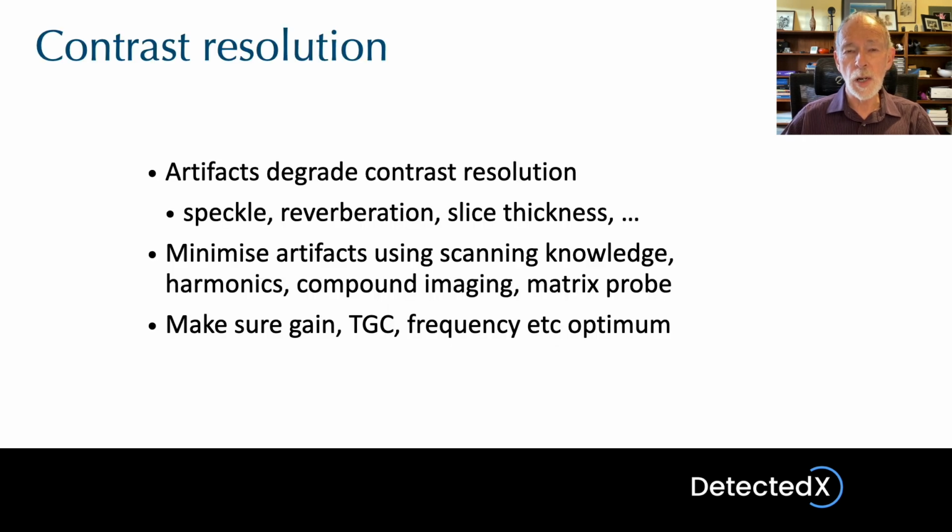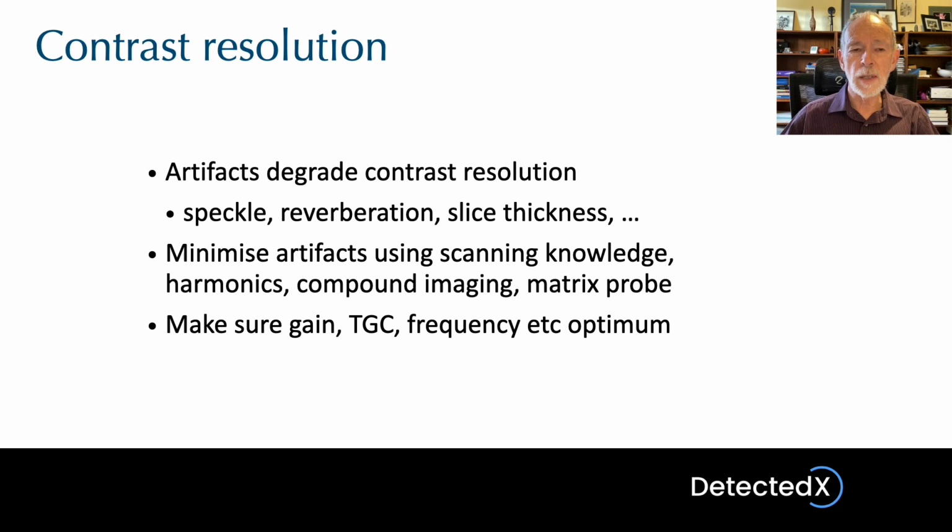Now let's look at contrast resolution. Just to remind you, this is a measure of your ability to see small variations in the echogenicity of soft tissue. The main issue here is image artifacts. Image artifacts cause echoes to be shown in the image which do not directly relate to the anatomy.